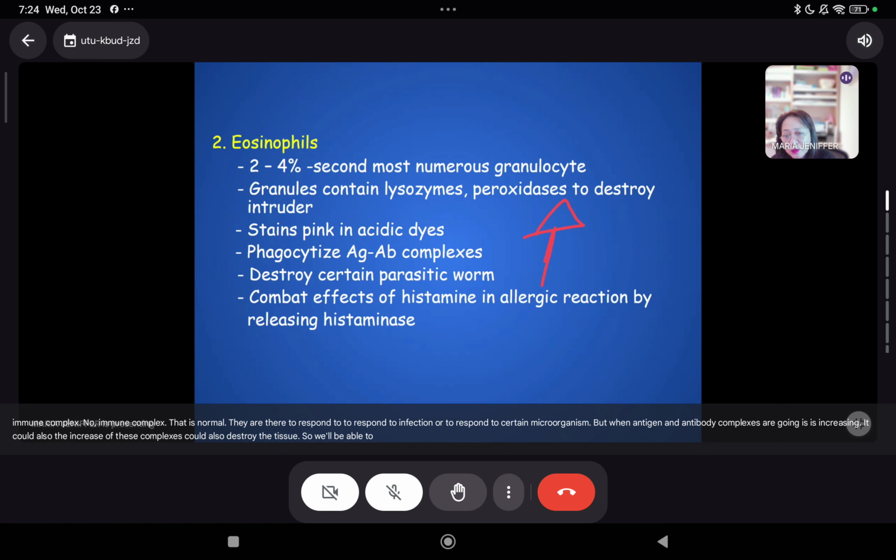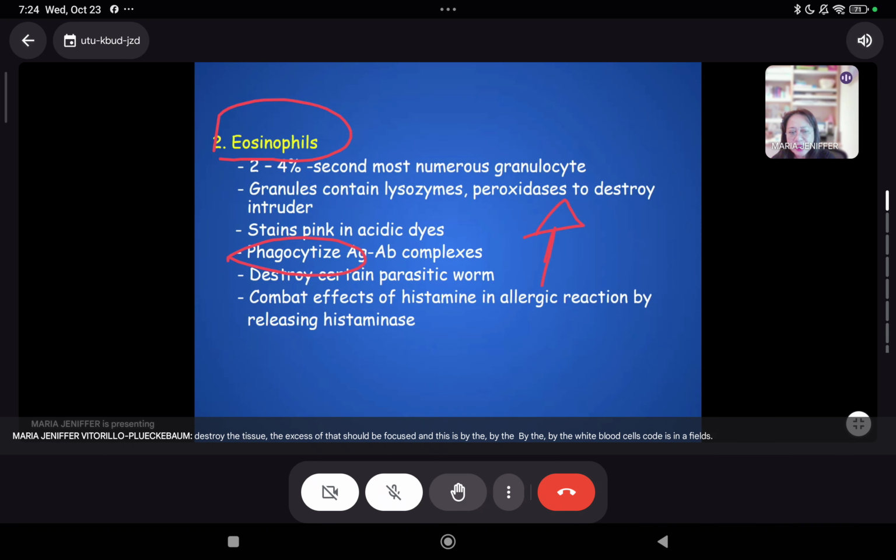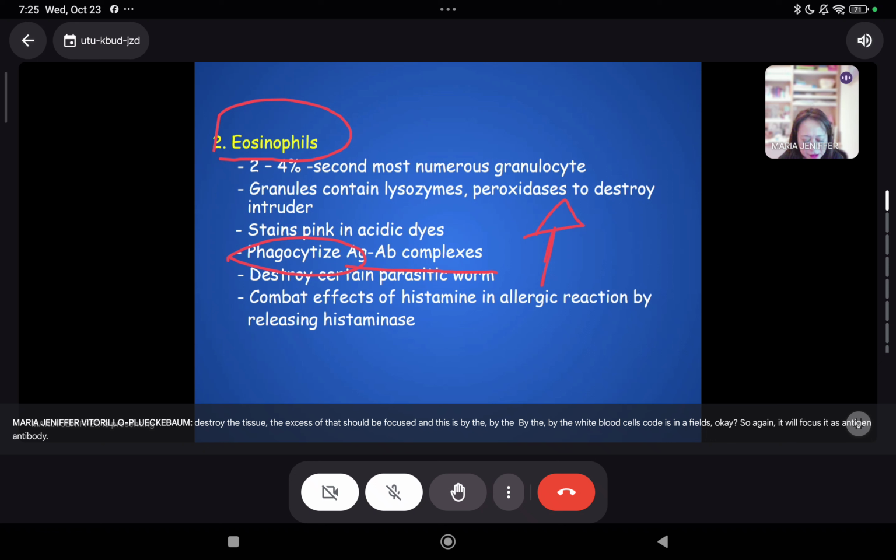So we need to maintain the balance so that tissue is not destroyed. The excess should be phagocytized by the white blood cells called eosinophils. Again, it will phagocytize antigen-antibody complexes.